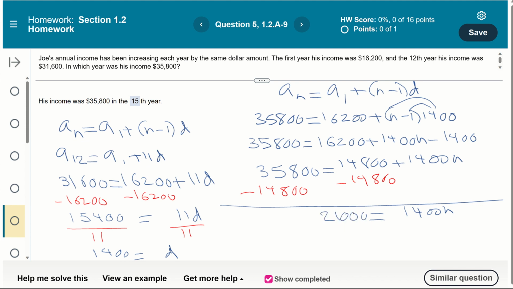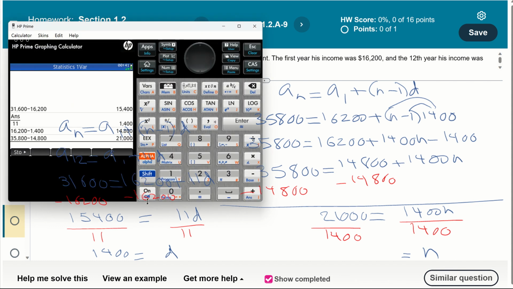Now all we have to do is divide both sides by 1400. And we end up with n equals, so now we just patiently take care of that division. We divide that result by 1400 and we get 15.